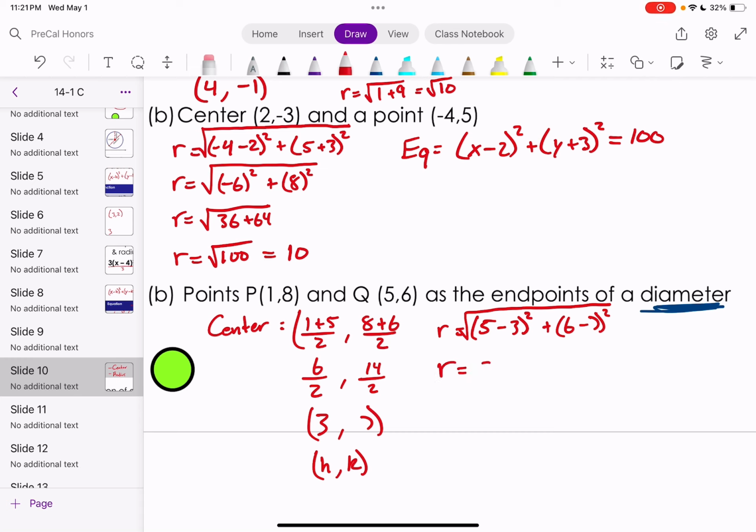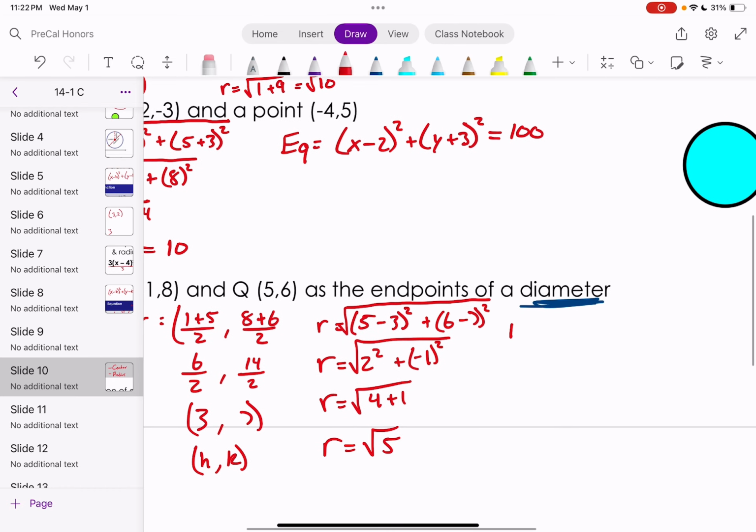So r is equal to 2 squared plus negative 1 squared. R is equal to the square root of 4 plus 1, which is equal to the square root of 5. Our equation here would be x minus 3 squared plus y minus 7 squared is equal to 5.